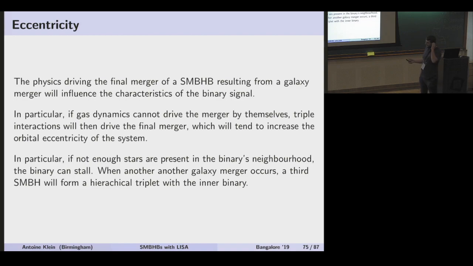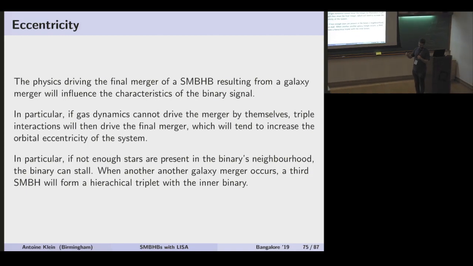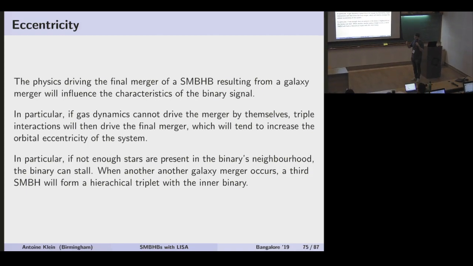So depending on the mechanism that's responsible to drive your binary close enough to merge, you can have high eccentricities, or you can have lower. And the measurement of the eccentricity will allow us to disentangle the importance of those different mechanisms.